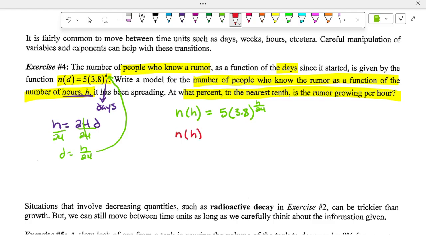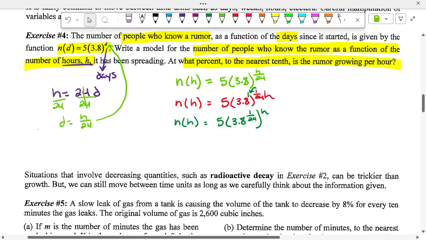So we have N of H is equal to 5 times 3.8^(1 over 24 H). We then use the power rule to multiply the 1 over 24 to the exponent of the base, which in this case is 1. This would be N of H is equal to 5 times (3.8^(1 over 24)) all to the H power. Now, do 3.8 raised to the 1 over 24 in your calculator and tell me what it is to the nearest tenth. So 1 decimal place.